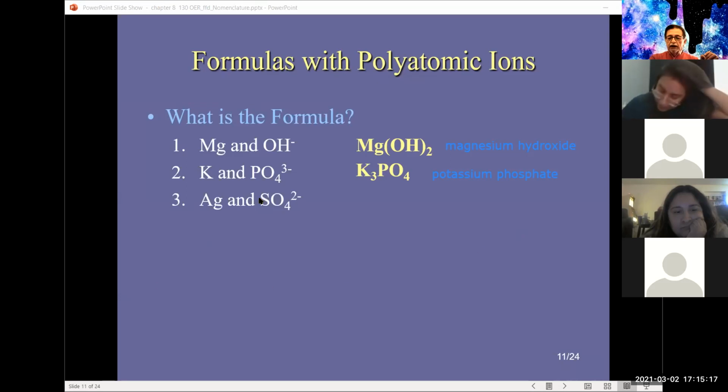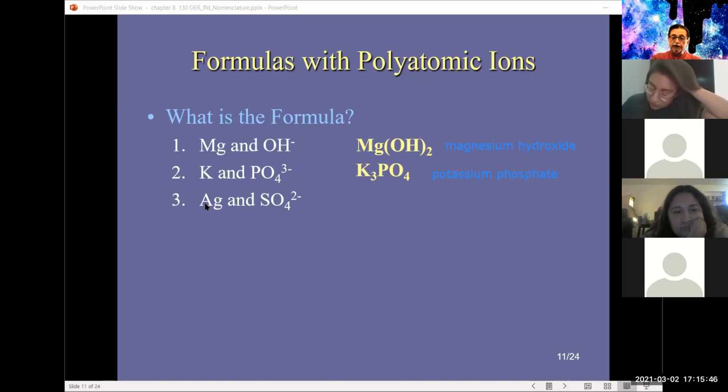There we go, we got SO4. Again, you see the sulfur, you think sulfide, but no, because there's 4 oxygens bonded to it, okay? And then you got a negative charge, think polyatomic ion. So you go to the table and guess what? Its name is sulfate, okay? Then silver happens to be part of the group 11, always has a +1 charge, always.